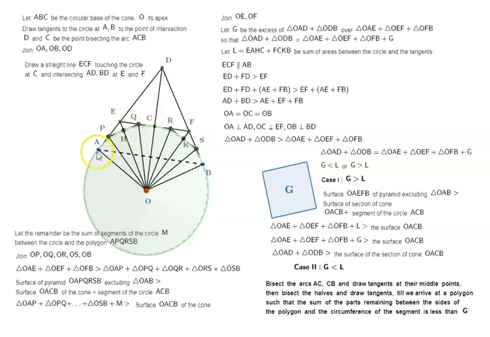Notice this APQRSB. This segment has been removed. So what are we left with as far as the bottom of the pyramid is concerned? We are only left with these small segments left out, which sums up to M. And on the right hand side, if we remove the segment of the circle, we are only left with the lateral surface area.